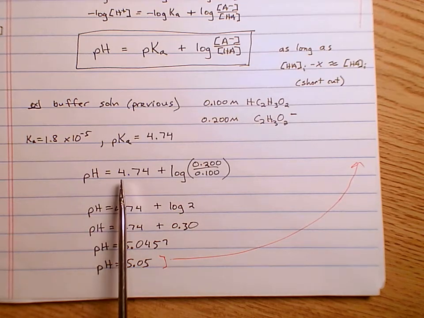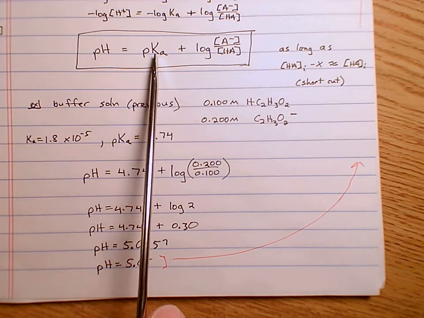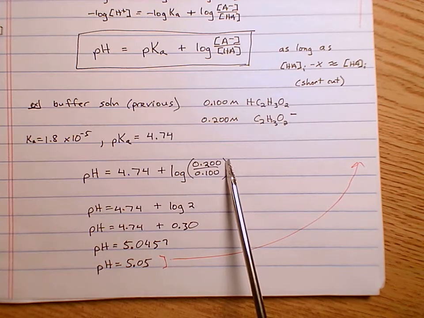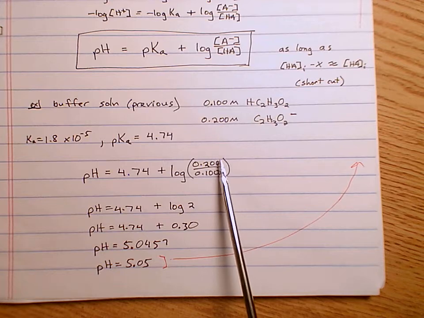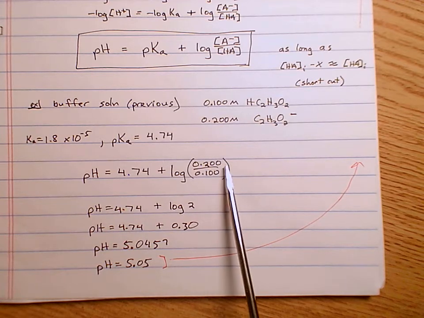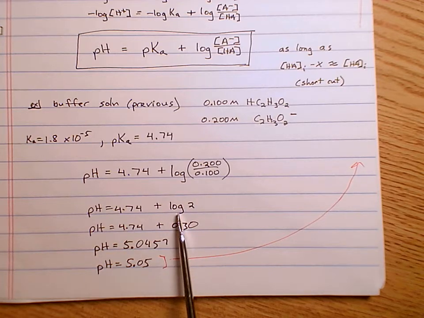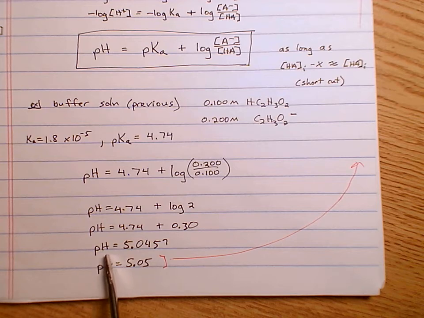So then the pH is just going to be the pKa, 4.74, plus the log of the amount of A minus, the conjugate base form, which is 0.2 molar, divided by 0.1 molar. So just take 0.2 divided by 0.1, take the log of it, that's a log of 2, pH equals 4.74 plus 0.3. And I worked it out longhand, which works out to pH equals 5.05.